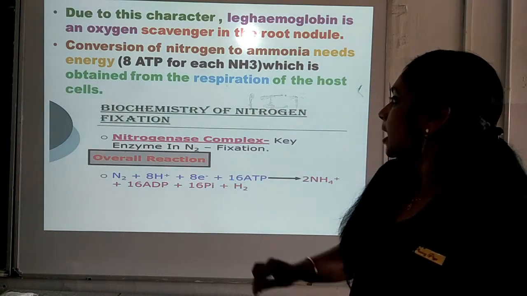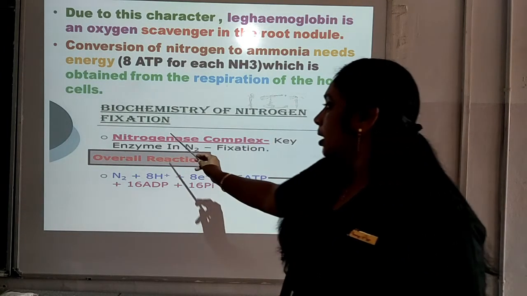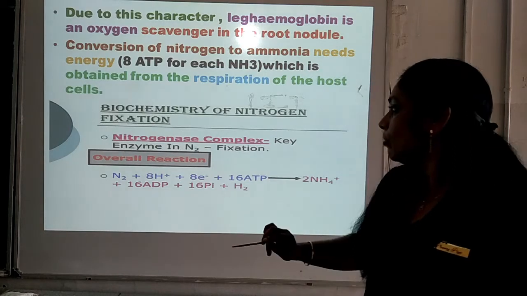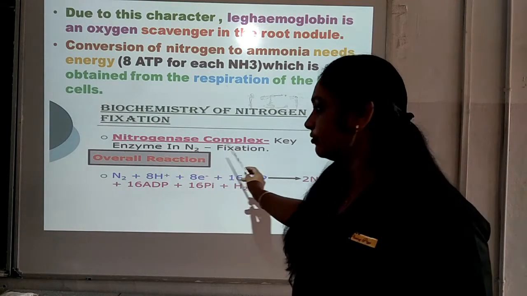Now you can see here the biochemistry of nitrogen fixation. Nitrogenase complex is formed there, and it is a key enzyme in nitrogen fixation.